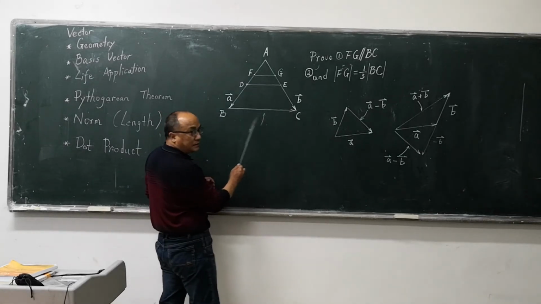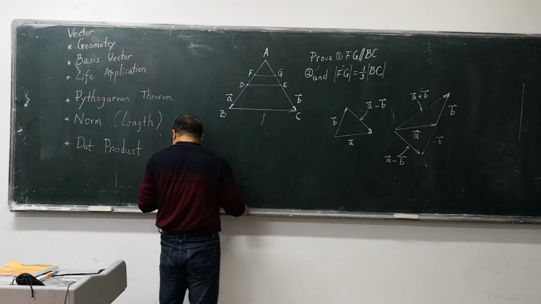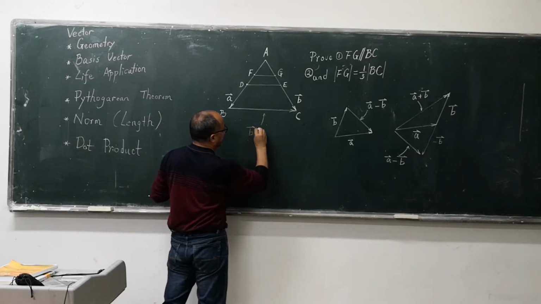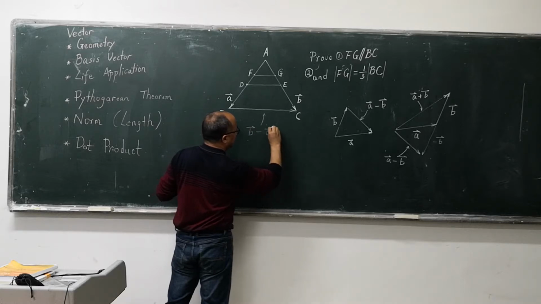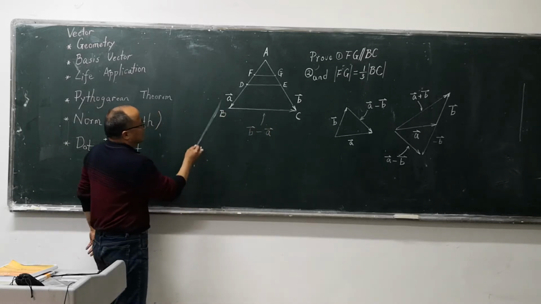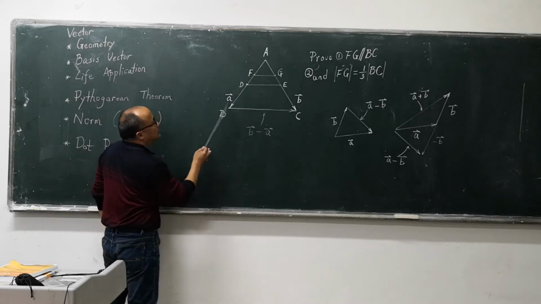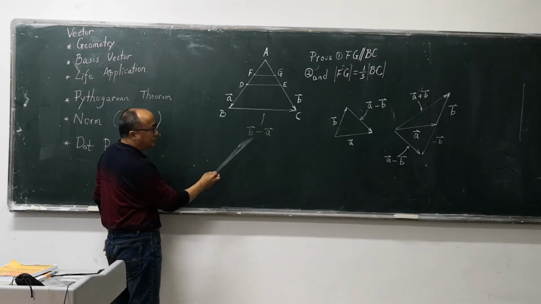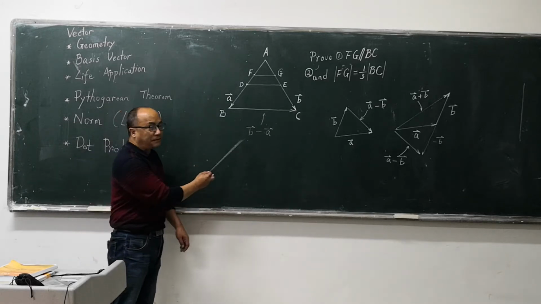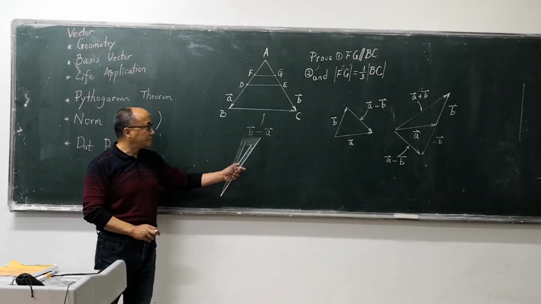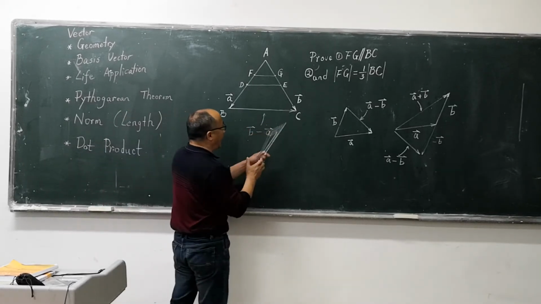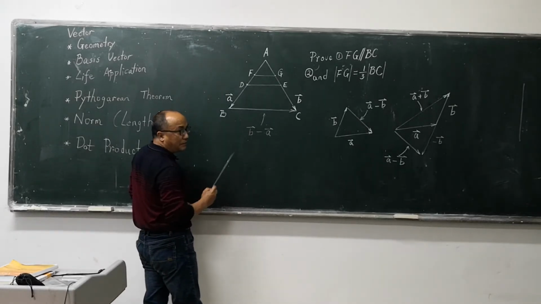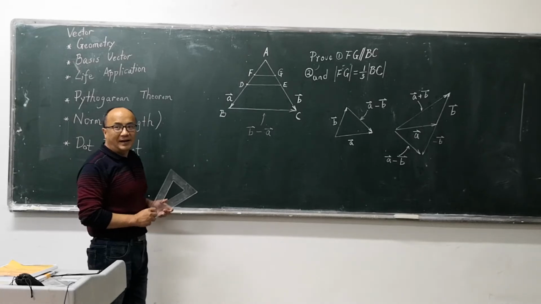So this vector is B minus A. This one is looking over B. The second one looks for the first one. If my arrow is here, then that is A minus B.